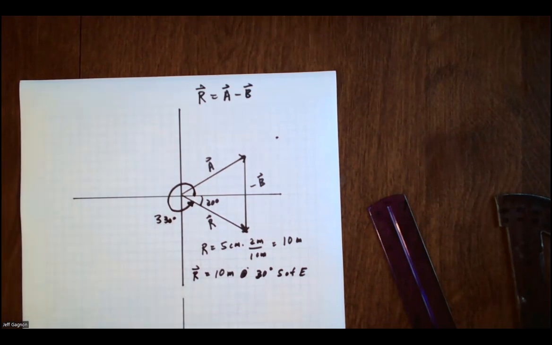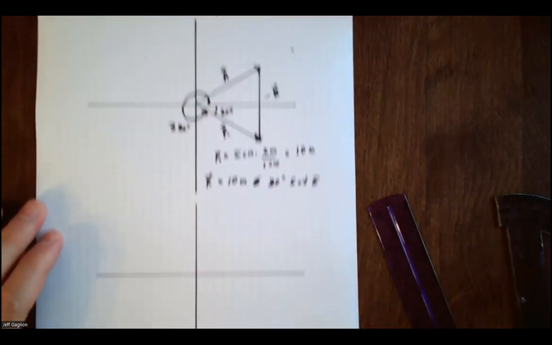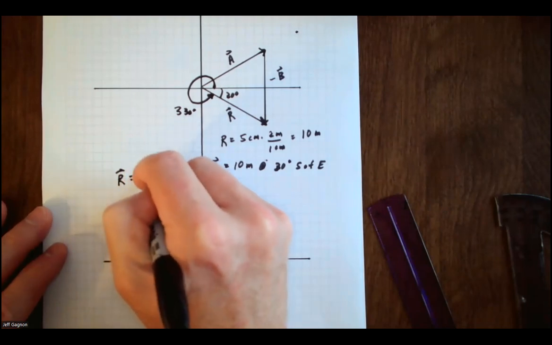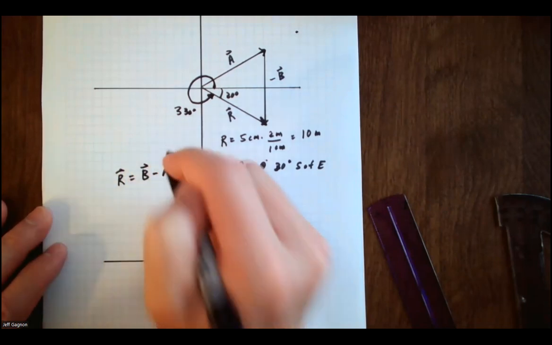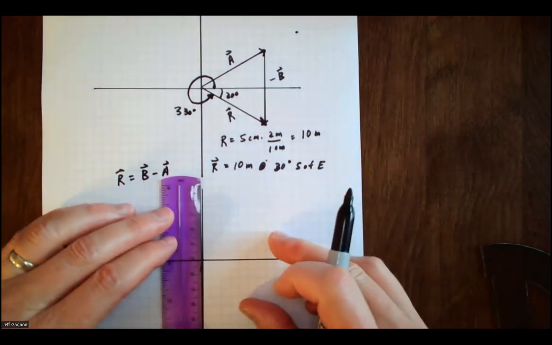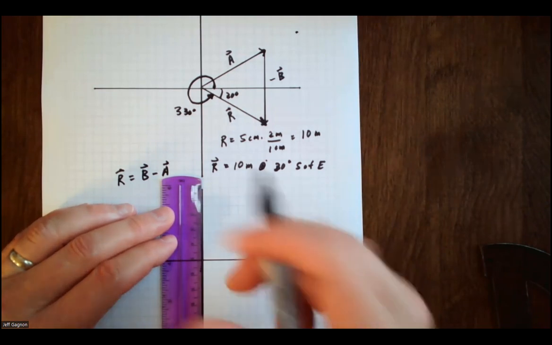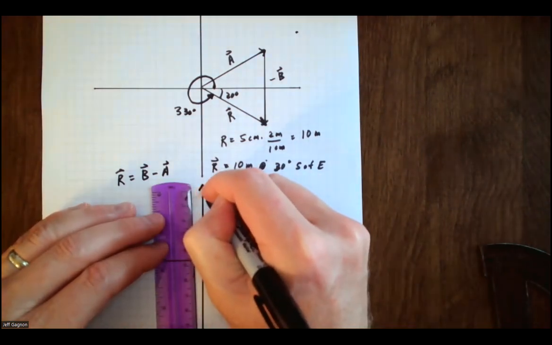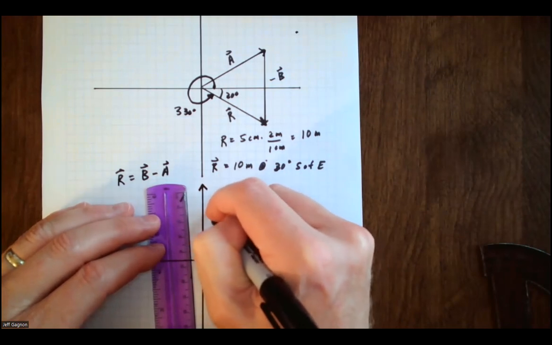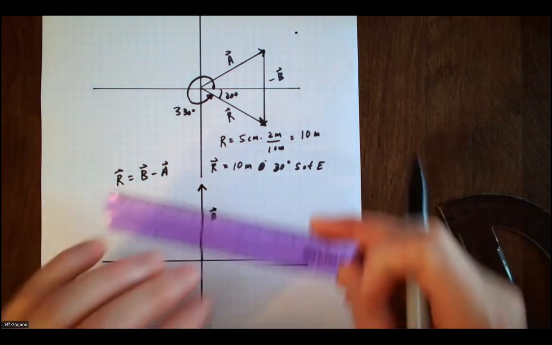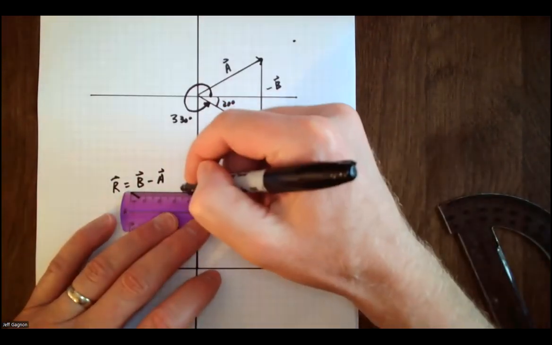Okay, and then finally, the last one was B minus A. So the last one here, I'll do it up here. R is B minus A. So now I start with B, that's going straight up, and it's 5 centimeters, so something like this. And remember A, so I'm going to draw like a new little coordinate system in here.